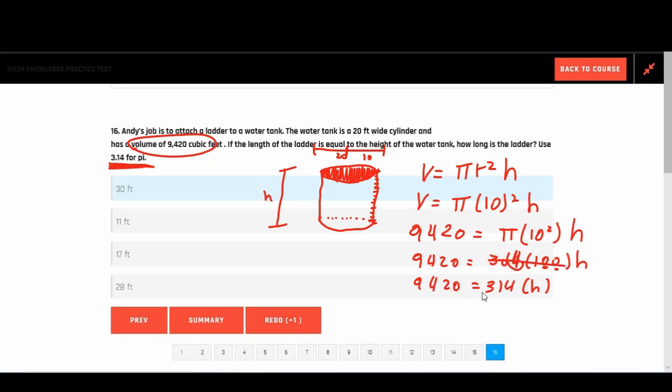Now we're trying to solve the height, so we're going to divide both sides by 314. This crosses out. Now this is where the fun starts, because we're doing long division. 9,420 divided by 314. This will get us our height, which is what we're after.